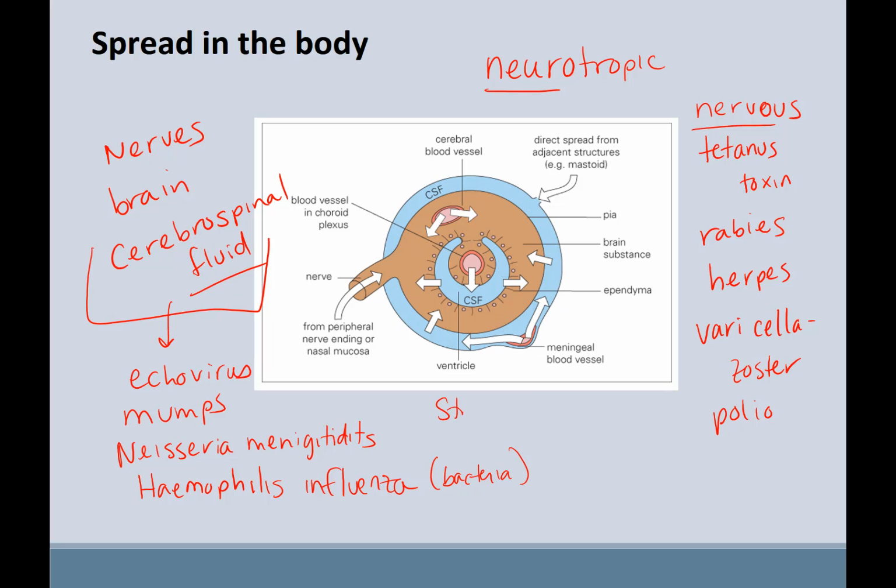Strep pneumoniae, other kinds of pathogens that travel in the cerebral spinal fluid. There's encephalitis type viruses that head up to the brain. So, again, you don't need to know any specific pathogens. I just think it's kind of interesting that they all have their niche in the host that they like to go to and replicate.